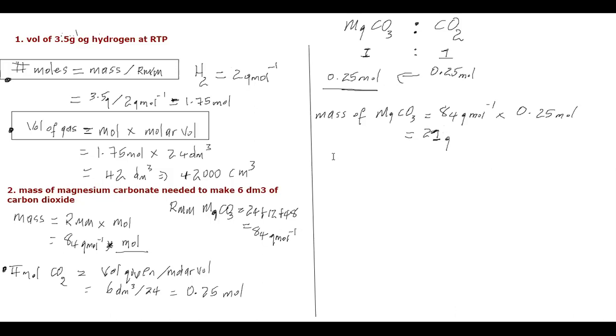Number 3 now. Whichever one of you wants to do this one. It said that you had 6 grams of a hydrocarbon with a volume of 4.8 dm cubed, and they want the RMM.